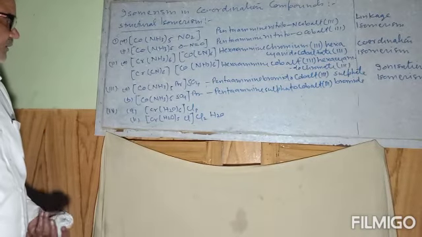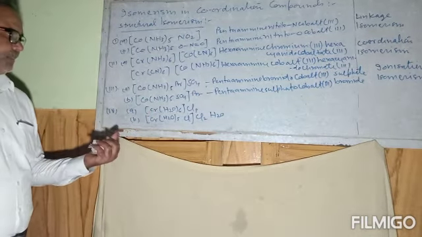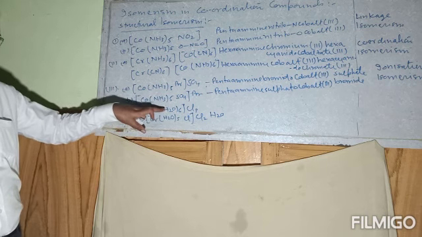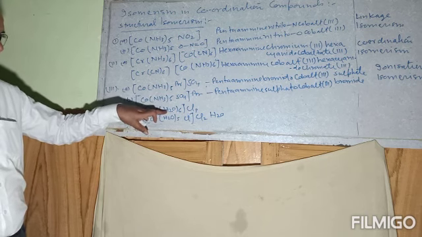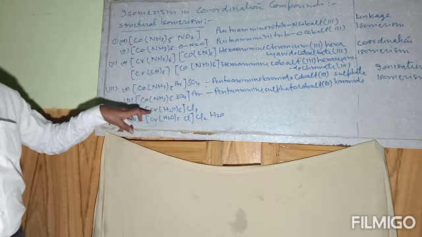So now the last one of the structural isomerism shown by coordination compounds is solvate isomerism. See here, in this example, all the water molecules are coordinated with this central metal ion.